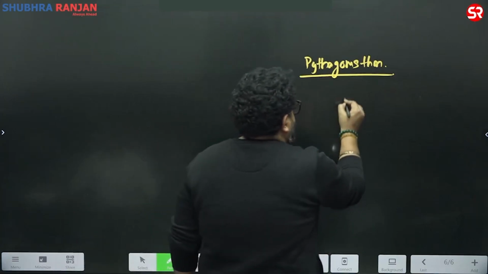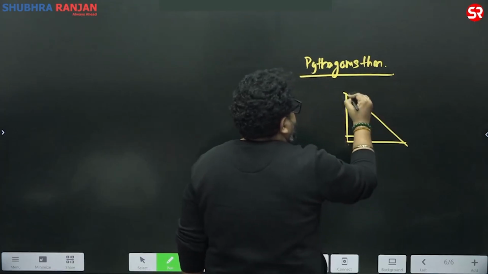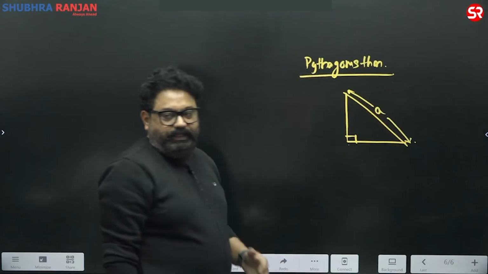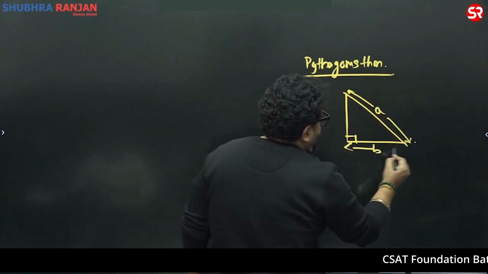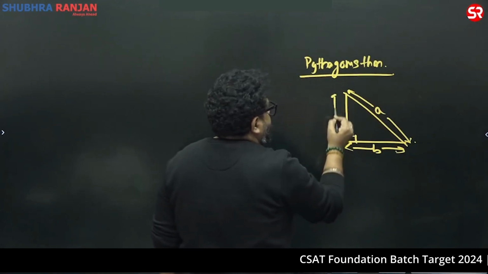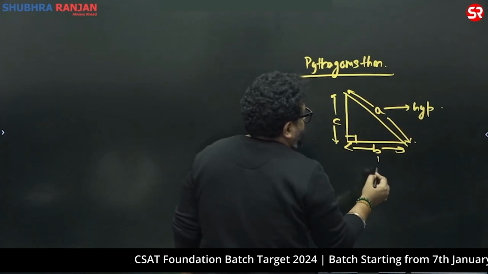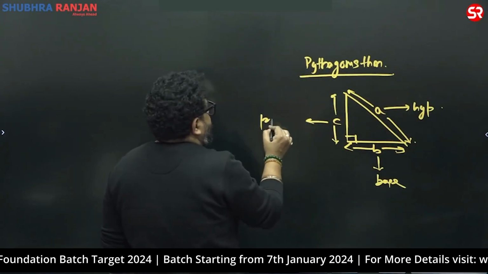If you have a right angle triangle, this is called hypotenuse and this would be the lengthiest side, right? And other two sides are given as B and C. This is called hypotenuse, this is called base, and this is called perpendicular.